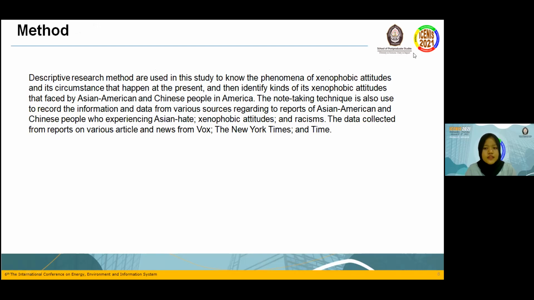The note-taking technique is also used to record information and data from various sources regarding reports of Asian American and Chinese people who experience Asian hate, xenophobic attitudes, and racism. The data was collected from reports in articles and news from Fox, the New York Times, and Time.